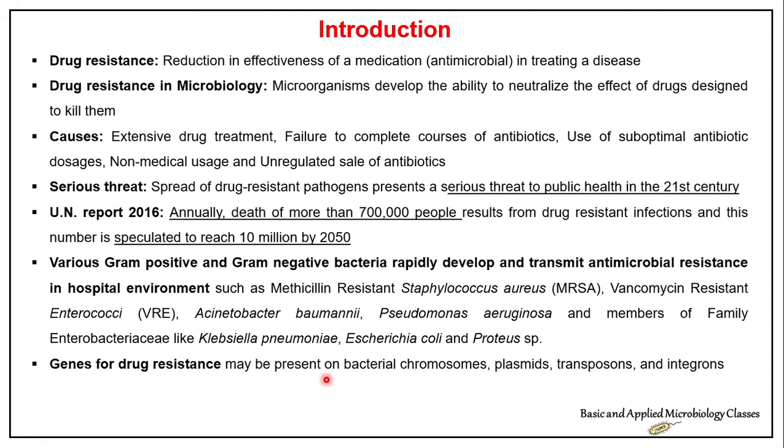So these are all the genetic material which usually have genes for drug resistance. Most of the time, genes for drug resistance are present on mobile genetic elements, which can easily be exchanged from one bacterium to another, or be moved from one bacterium to another.